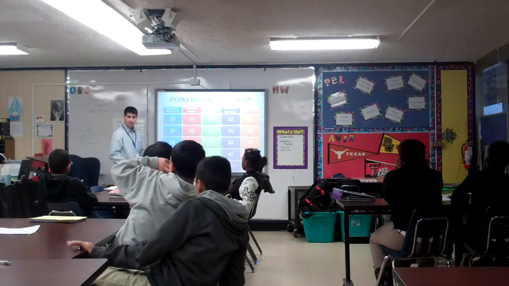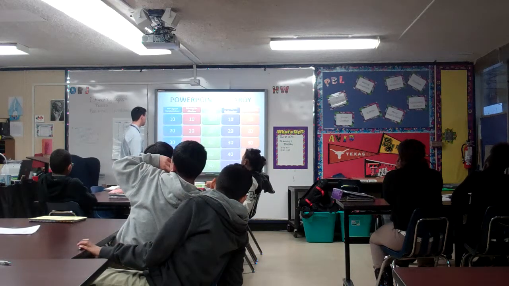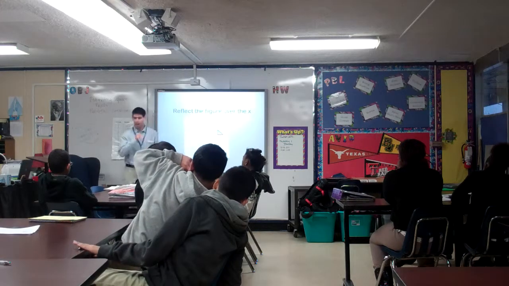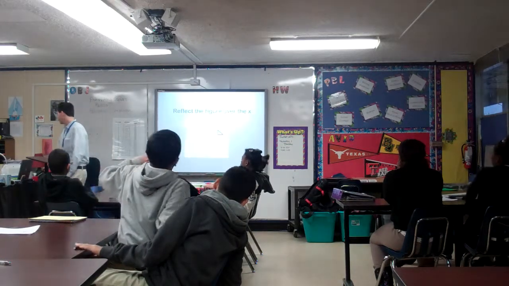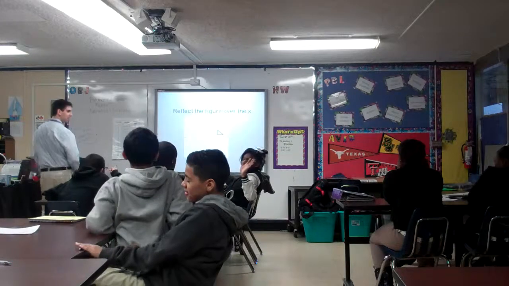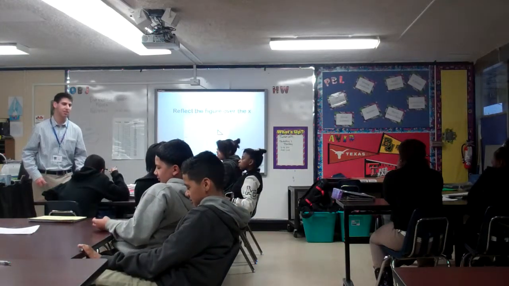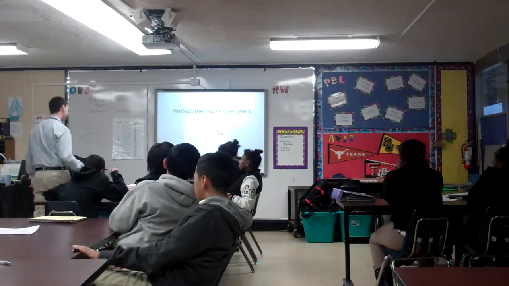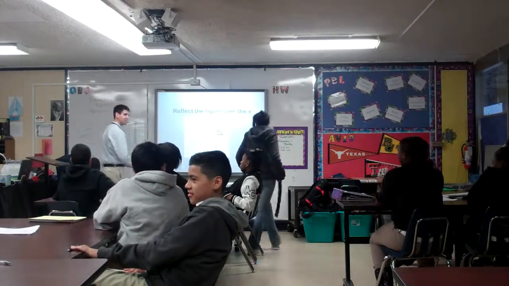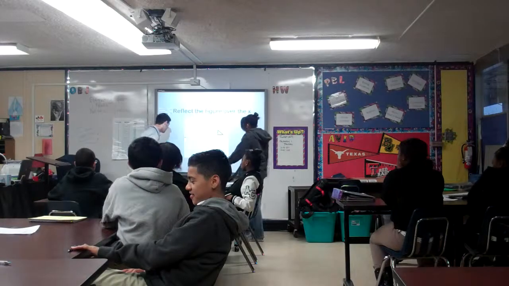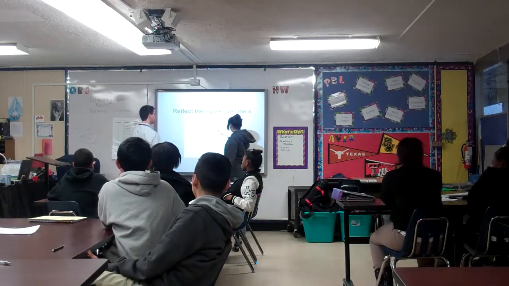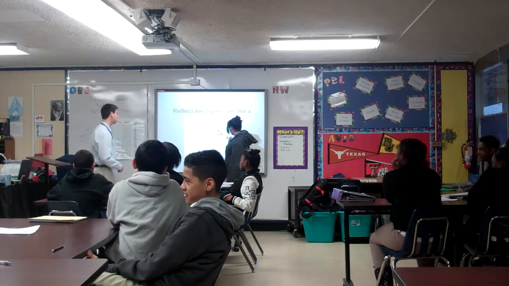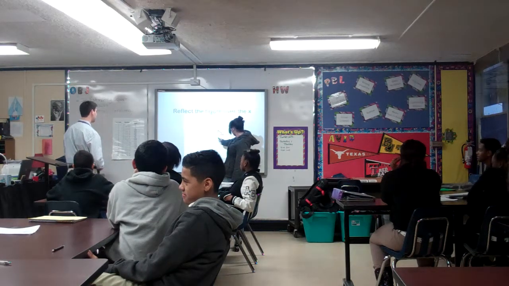All right, for 50? So for reflection. This time, since you called it, you get to come up. Oh, you want to answer it? All right. You think you got this? Reflect over the x-axis. So where is the x-axis? Does it go from left to right or up and down?